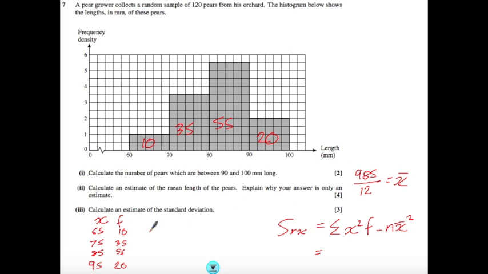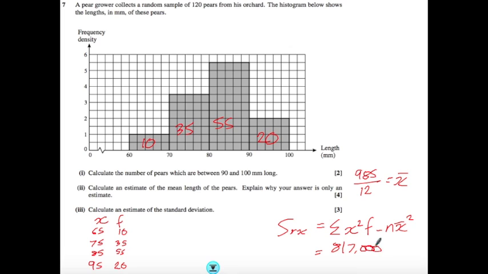Right, so x squared f, so I'm going to do 65 squared times 10 plus 75 squared times 35 plus 85 squared times 55 plus 95 squared times 20, and that gives me 817,000.